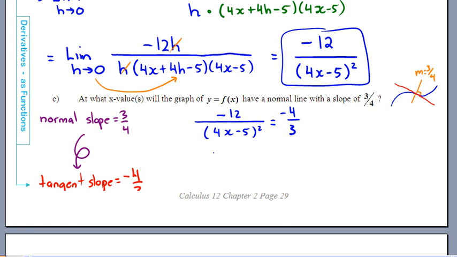We're going to end up with -4 multiplied by this binomial 4x minus 5 squared is equal to -36. Okay, we can divide by the -4. 4x minus 5 squared would have to be 9.